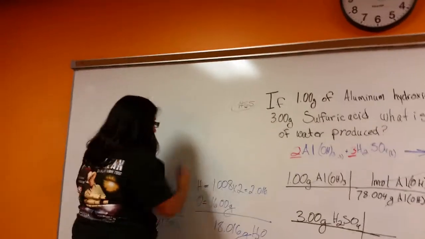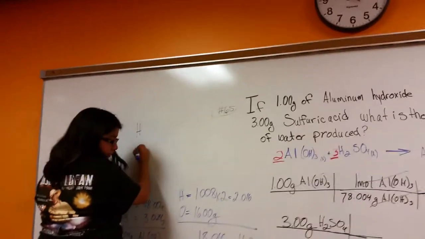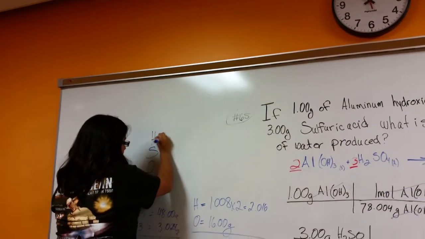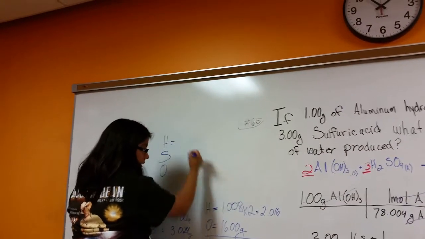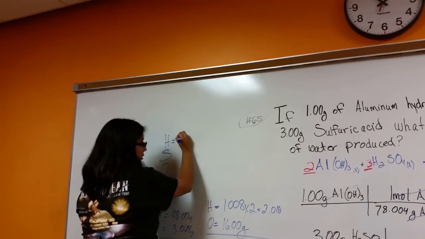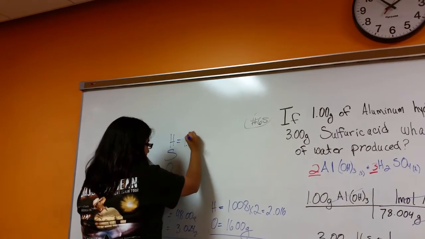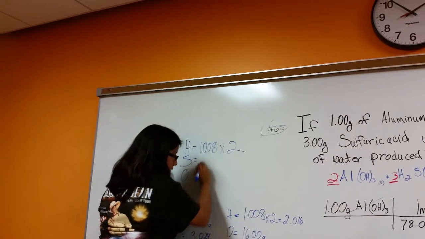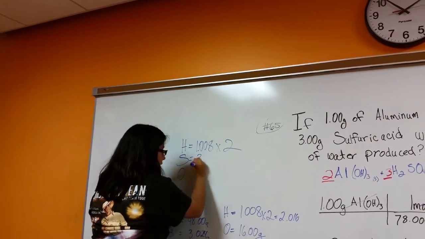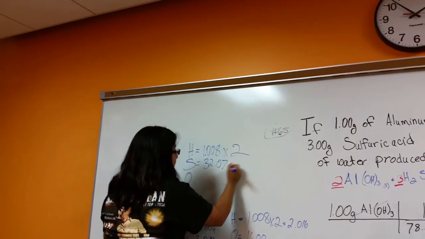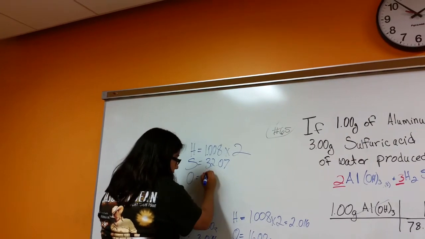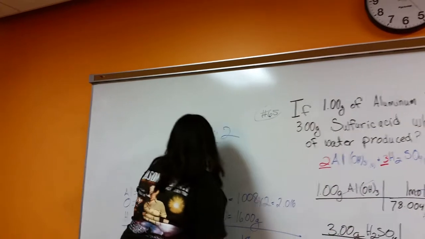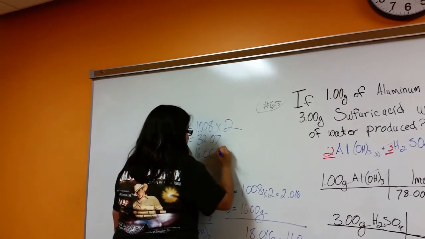Okay. So we have a hydrogen, we have a sulfur, we have our oxygen. So we have 2 hydrogens, and its mass number of 1.008 times 2. Our sulfur is 32.07 grams, and then our oxygen is 16, but like we did before, because it's 4, we're going to be multiplying that by 4 as well.